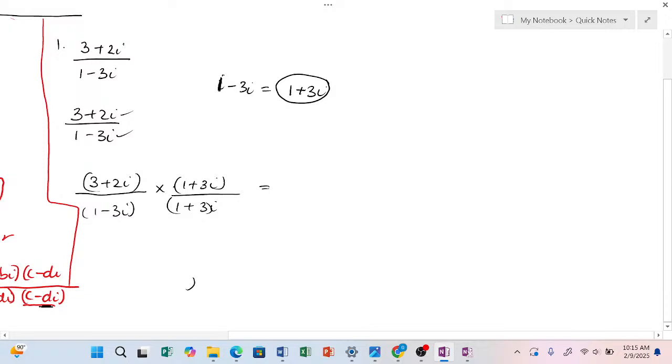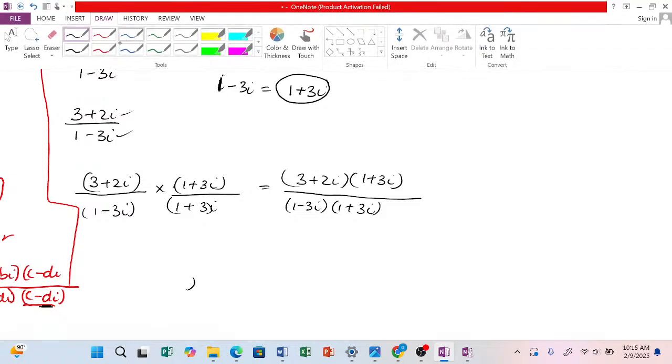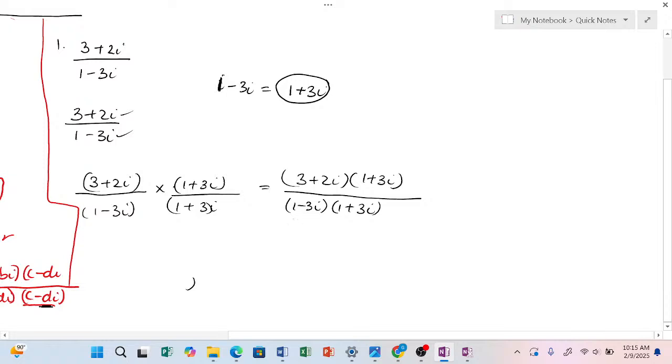And so this is going to give me (3 plus 2i) multiplying (1 plus 3i) all over... now here we have (1 minus 3i) multiplying (1 plus 3i), right? Let me change the color so that you see the beauty. So we could see this is a complex number that we have here, and this is its conjugate.